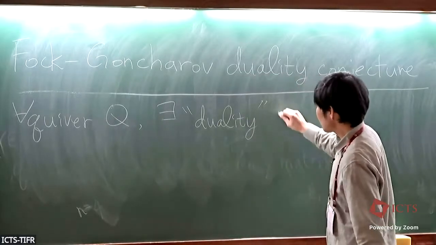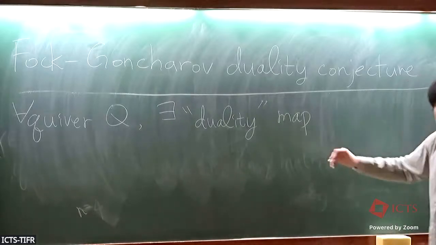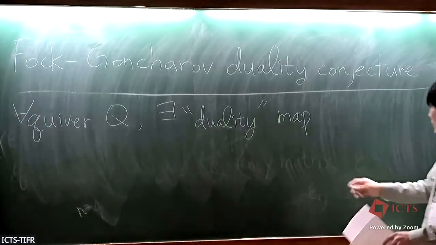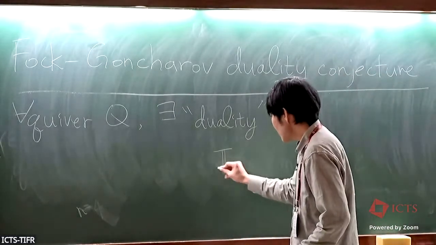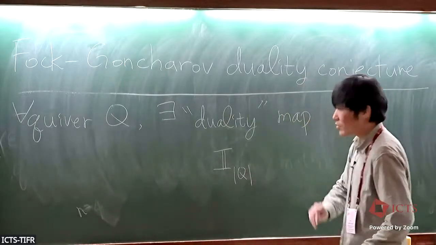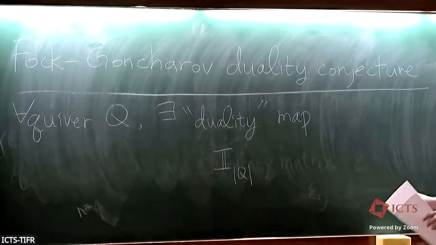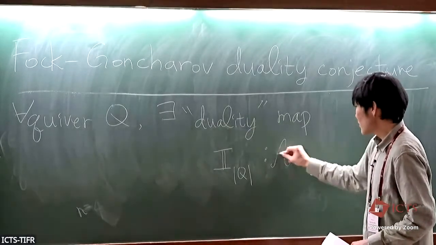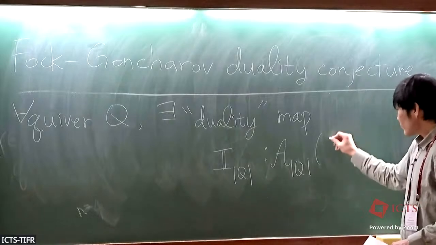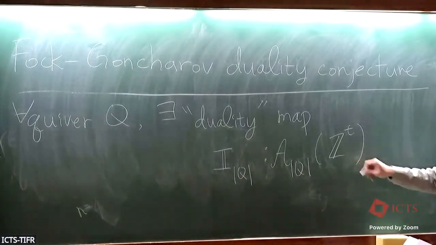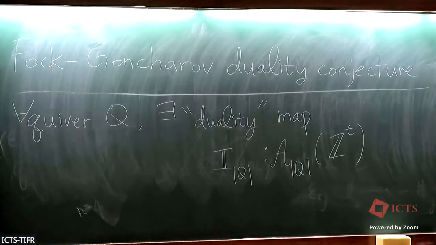Well, now the name doesn't really matter, but I call it the duality map, boldface I, associated to the quiver mutation class of the quiver, that goes from the set of Z^T points of the cluster A variety for this quiver.